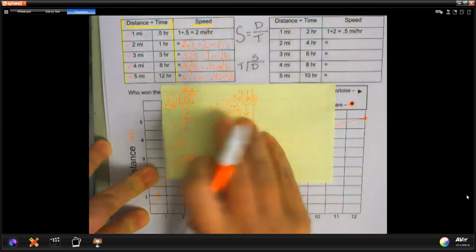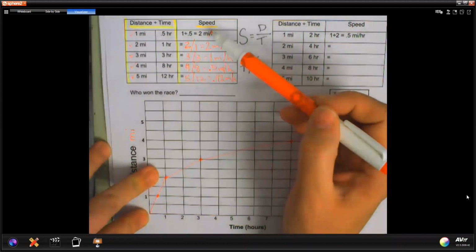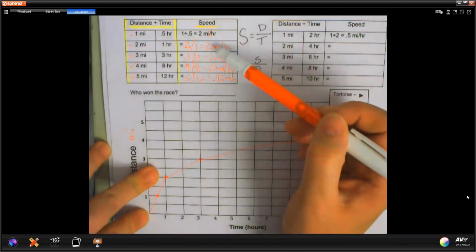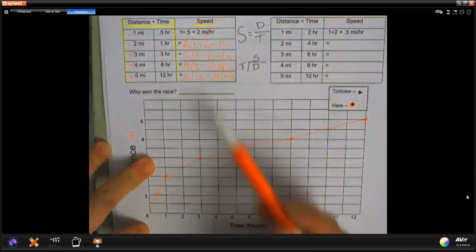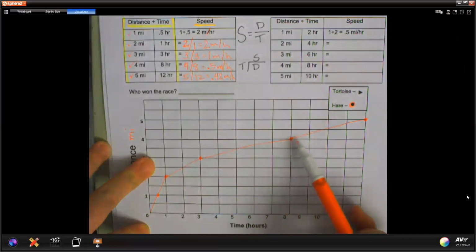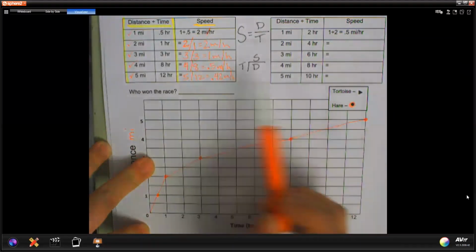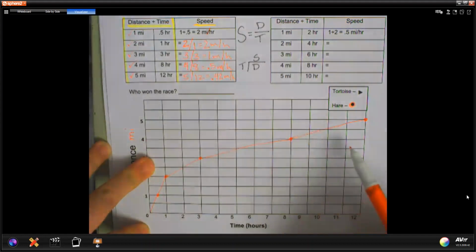Okay, so we've now calculated the speed of the hare, and we can now easily see that he started off fast at 2 miles per hour. Then he started slowing down to only 1 mile per hour, and then he continued slowing down to 0.5 miles per hour and then 0.42 miles per hour. So mathematically, we can see what this graph is showing us.